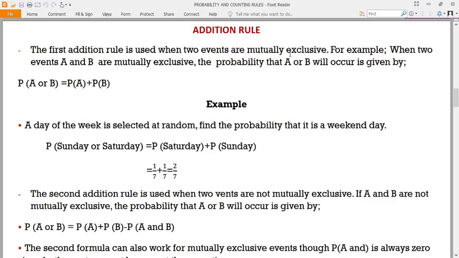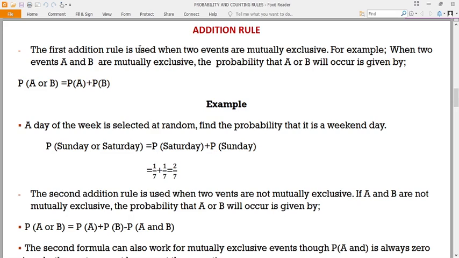For example, if I want the probability of getting a Thursday or a Friday in a week, there is no single time you're going to get a Thursday and a Friday. So Thursday and Friday are mutually exclusive. They cannot happen at the same time.